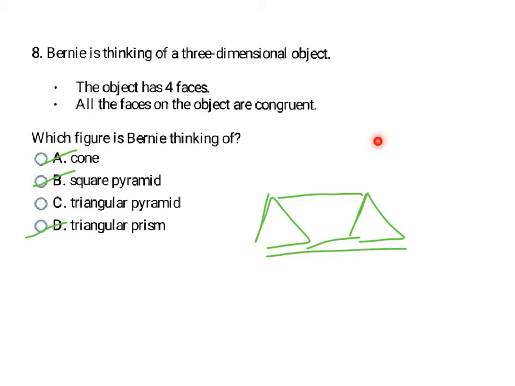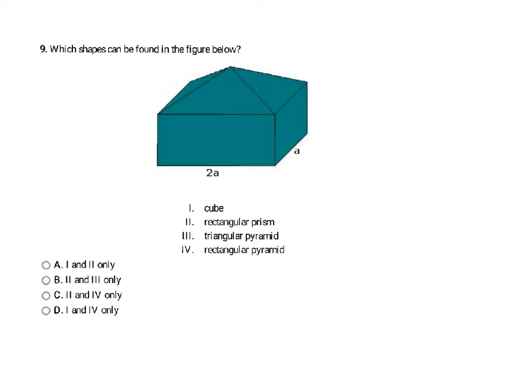So that means you're going to have a triangle on the bottom with 3 triangles coming up to a point. So that means you're going to have 4 triangles total, so that'd be the 4 faces. And you could definitely have all 4 of those triangles be congruent, so she could be thinking of a triangular pyramid, which is C.